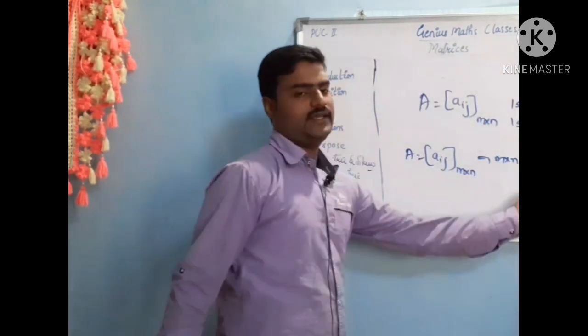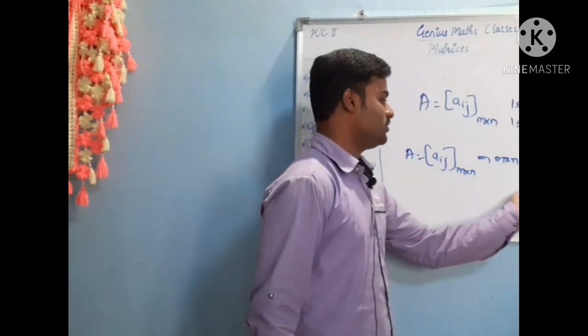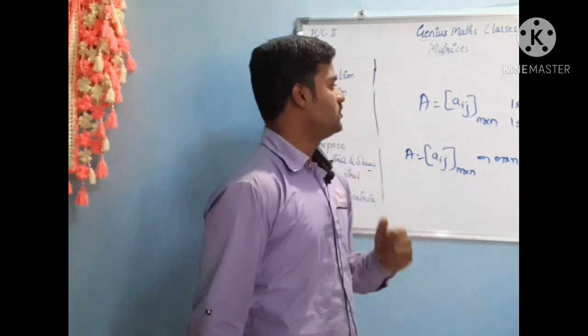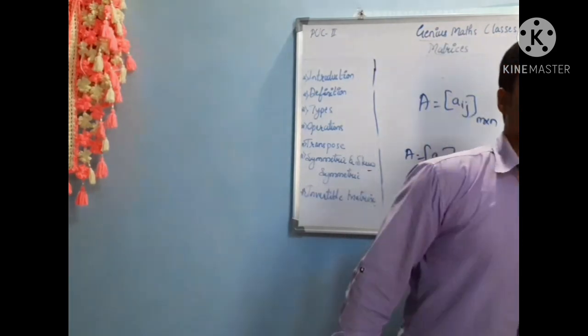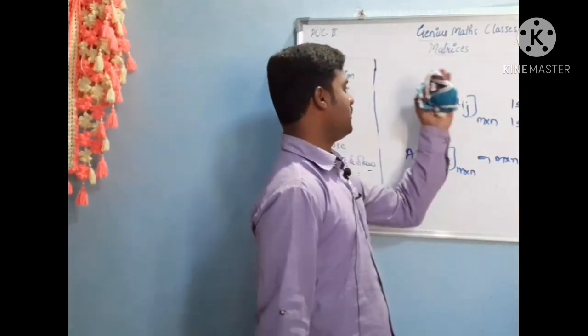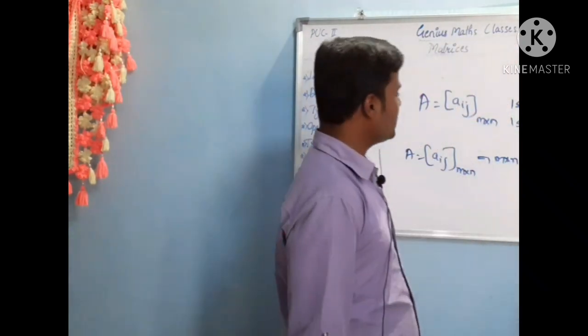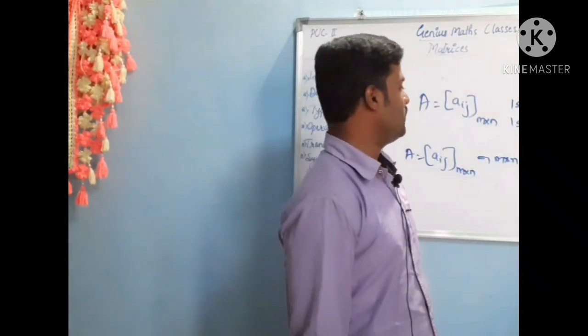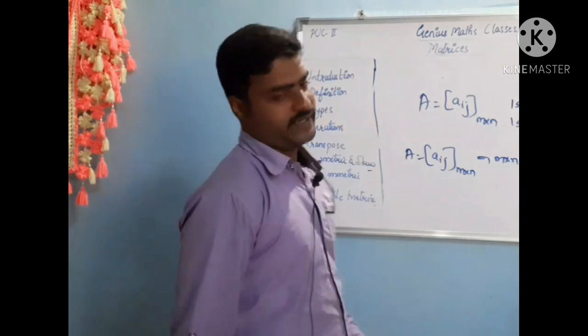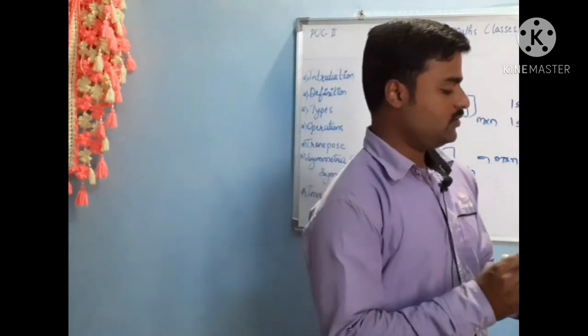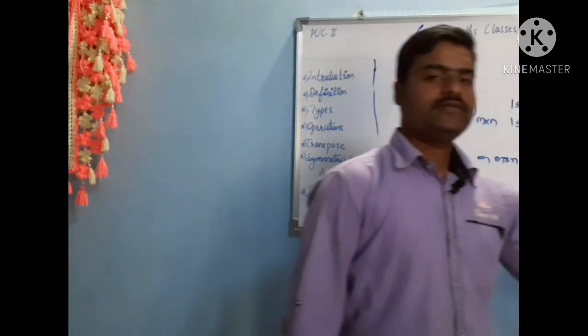The number of elements is nothing but mn. So this is all about the order of a matrix. Today we have discussed the definition of a matrix and the order of a matrix. In the next class we will discuss the types of matrices and operations on matrices. Okay, let me stop here. Thank you.